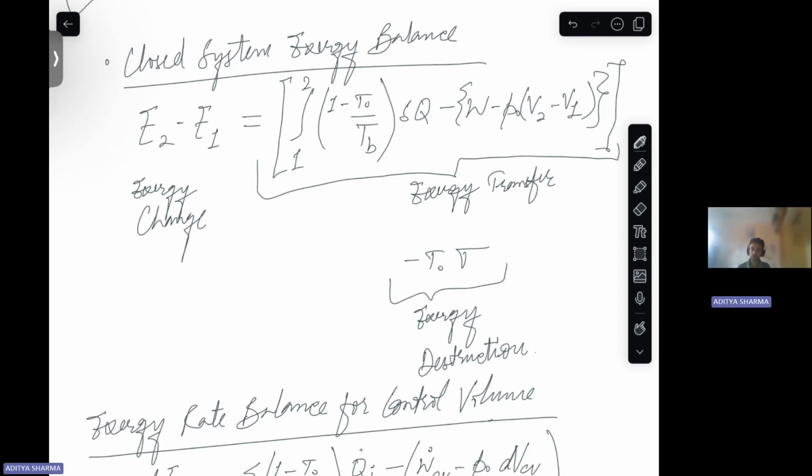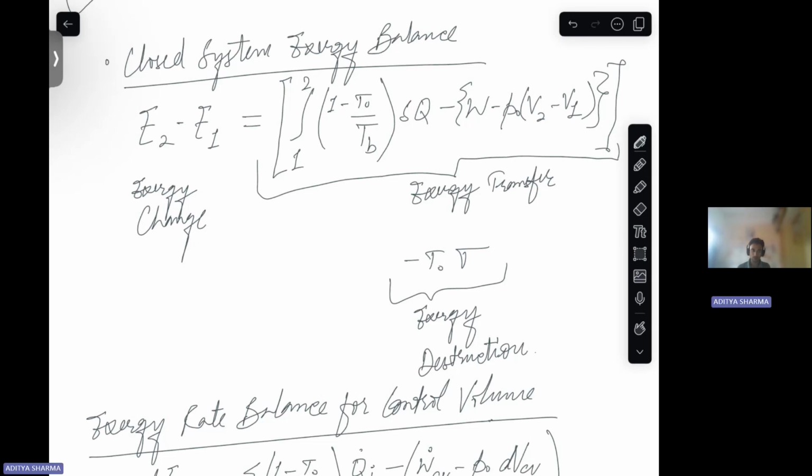So irreversibility is leading to exergy destruction, right? That is, it is destroying some potential of our system. So it is reducing some chunk from the maximum theoretical work that is possible by a system.